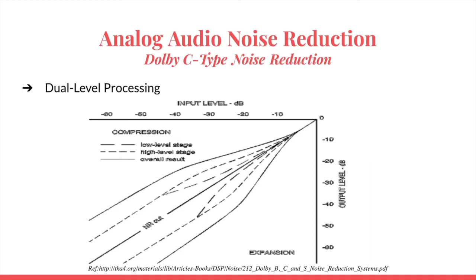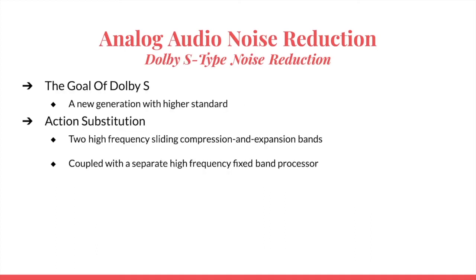As one filter reaches the end of its sliding range, the other one gradually takes over. Each one provides 10 dB of compression and expansion. They are connected in series, so their effects add together to provide 20 dB of compression and expansion, and as a result, 20 dB of noise reduction.